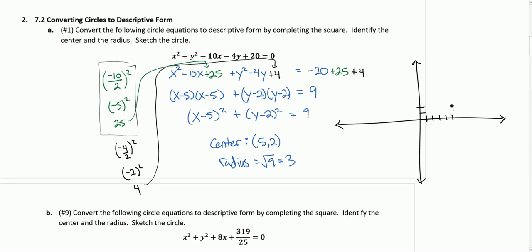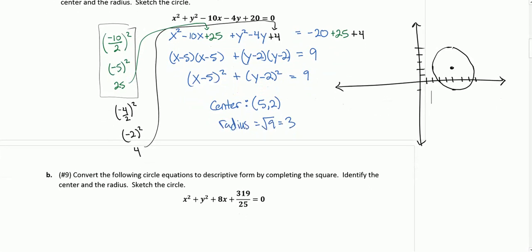And then from the center going 3 in each direction. And there we have it.